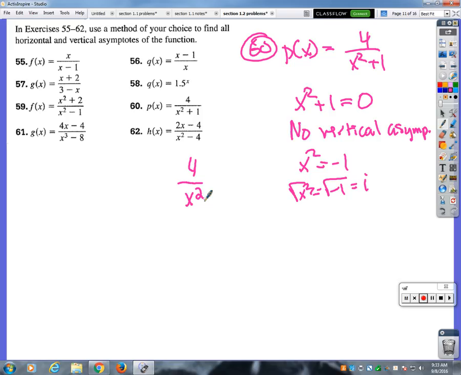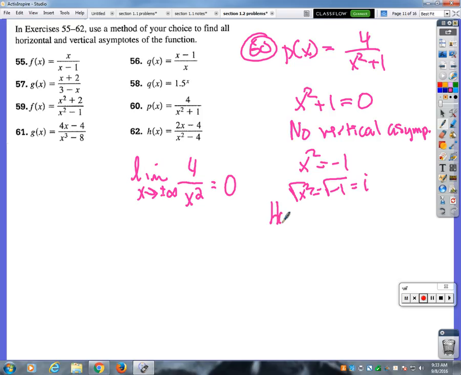In other words, what is the limit as x approaches positive or negative infinity of 4 over x squared? 0. The bottom gets very large, the top just stays at 4, so that's going to approach 0.